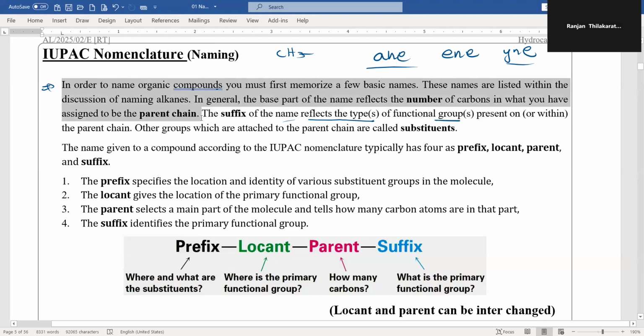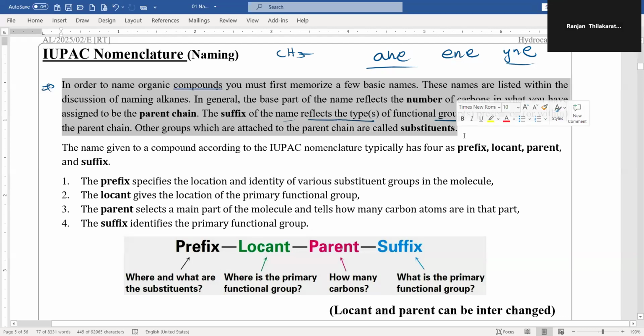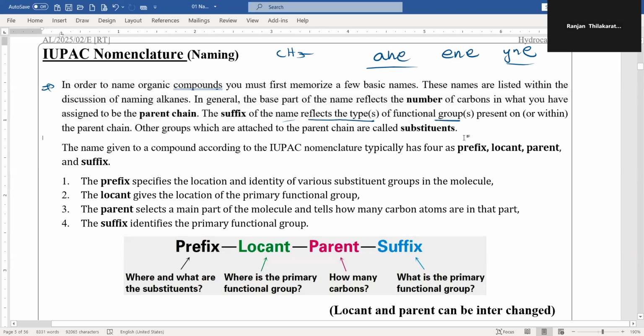The number of carbons present in the parent chain will reflect the name. And the suffix of the name reflects the type of the functional group present on the parent chain. Other groups which are attached to the parent chain are called substituents. All the others are known as substituents.